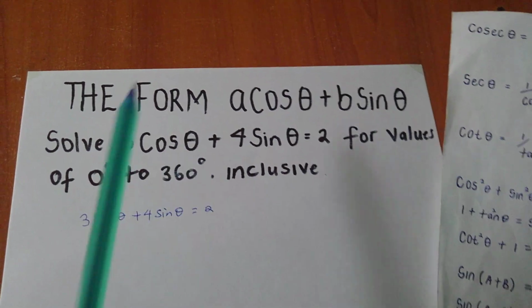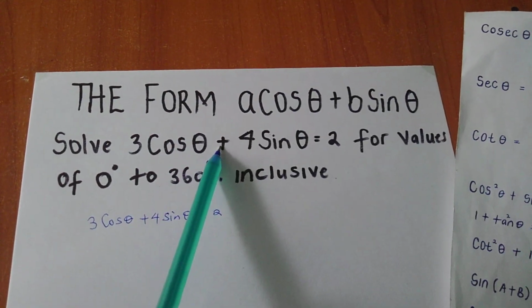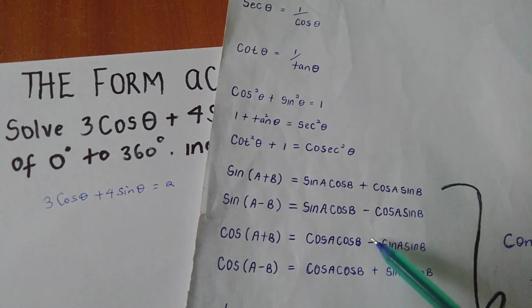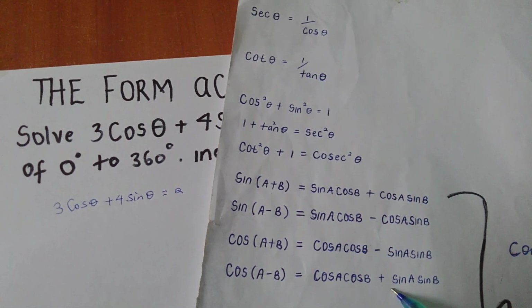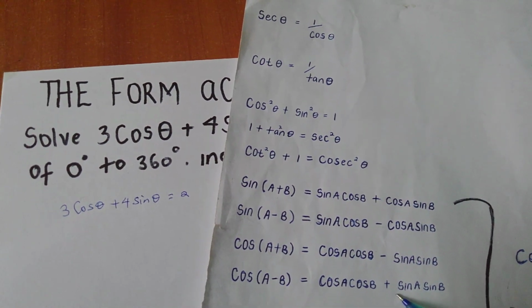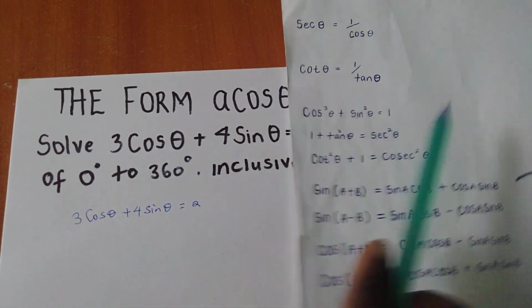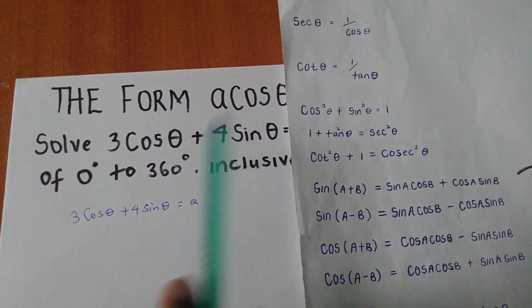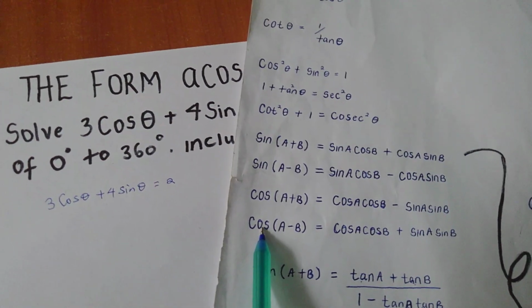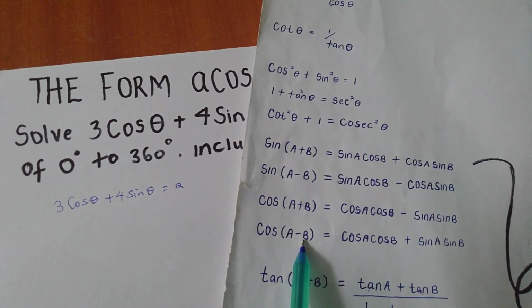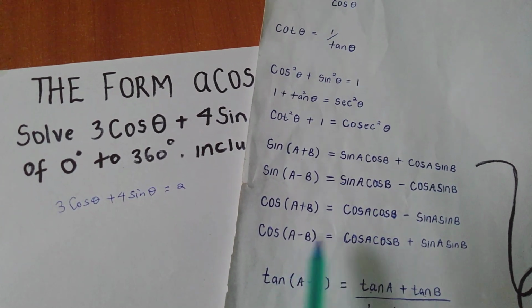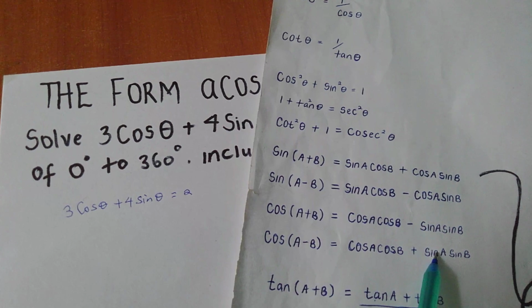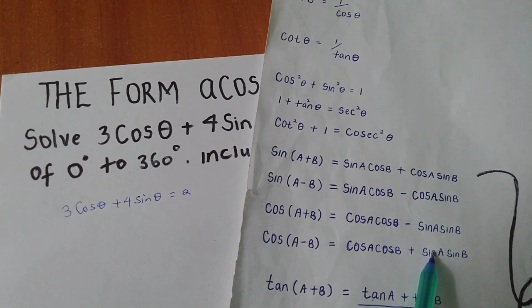Since I have a plus sign, I'm going to rule out all these which have a negative, so they are out. I'm left with this and this. Because I have a cos and a sine but a plus, I think this cos(A minus B) is the best to apply, since I have a cos then plus a sine. I think you get me very well.